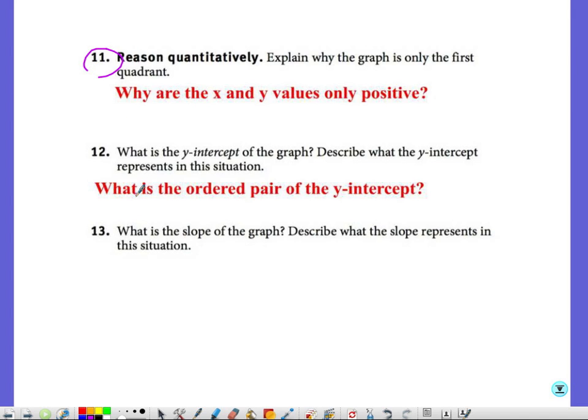Alright, question number 12. What is the y-intercept of the graph? Describe what the y-intercept represents in this situation.